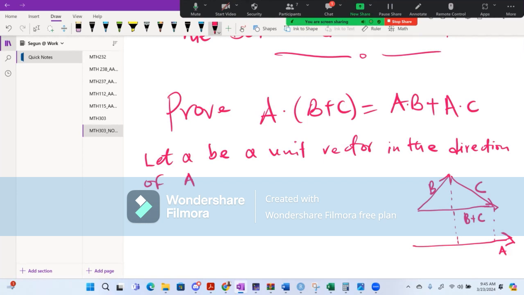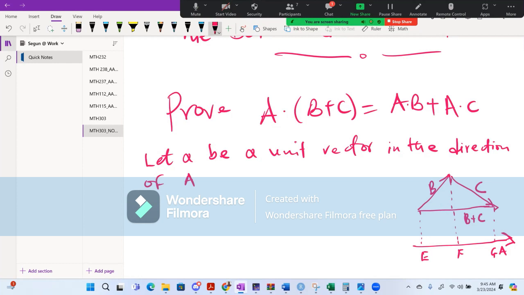This particular point we can call G, this particular point F, and this particular point E. When you have all these, it shows that a kind of projection occurs in a certain place. And in this direction, we remember we are talking about B plus C.